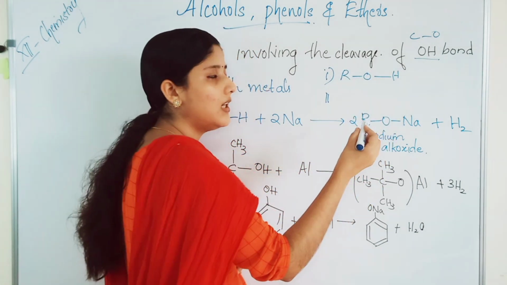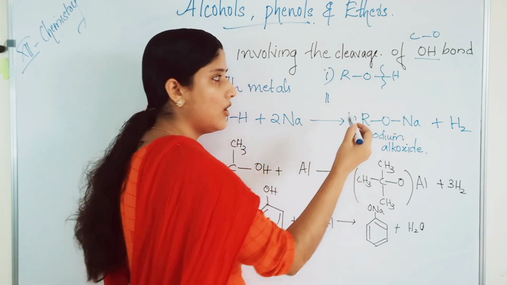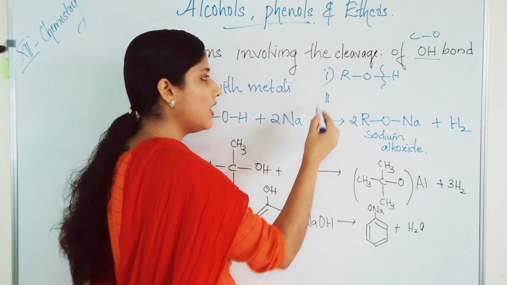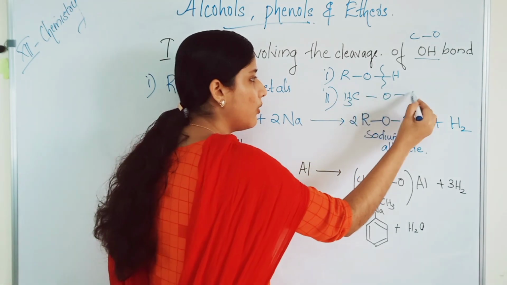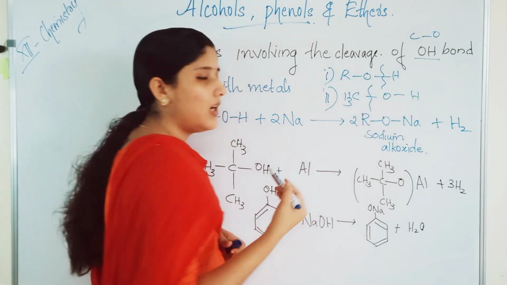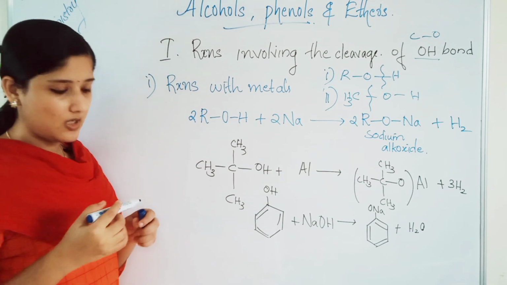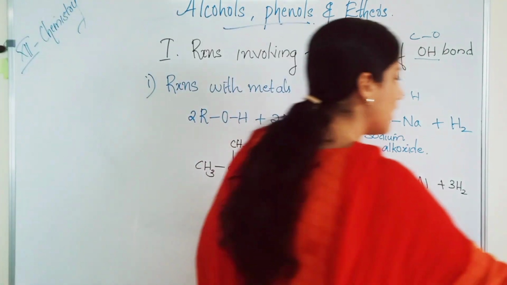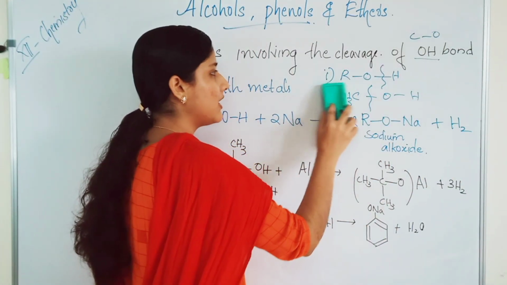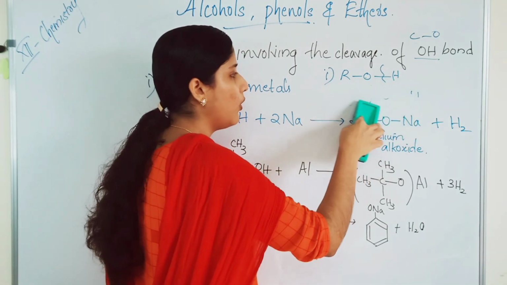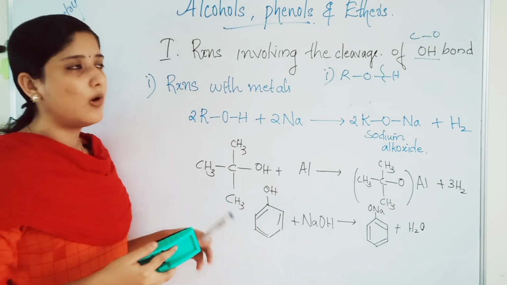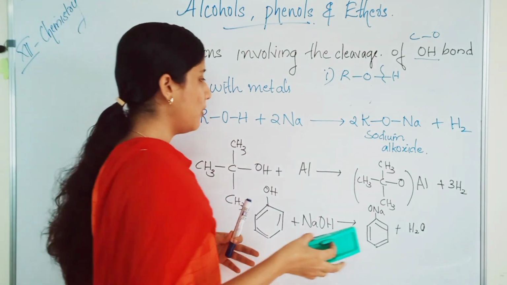Either they take part in a reaction by O-H bond cleavage, or, if it is CH3OH, C-O bond cleavage can also take place. Now we are going to study the chemical reactions where O-H bond cleavage happens, that is, reactions involving the cleavage of the O-H bond.